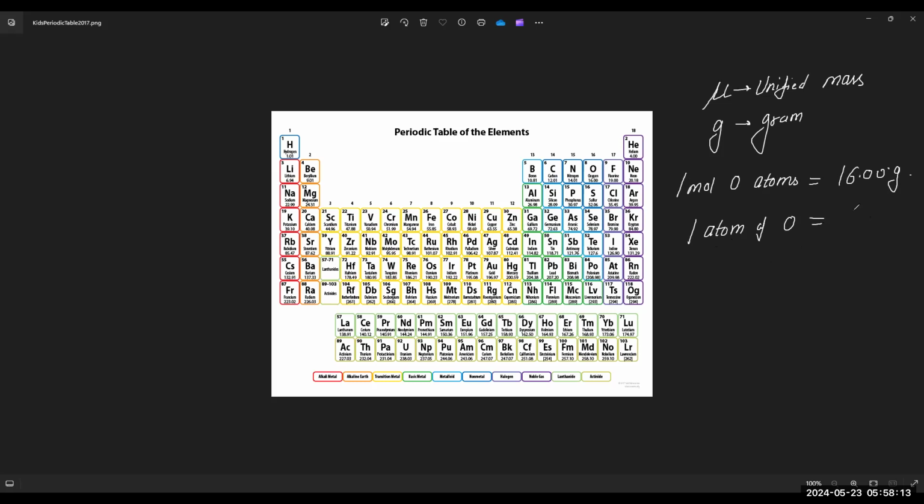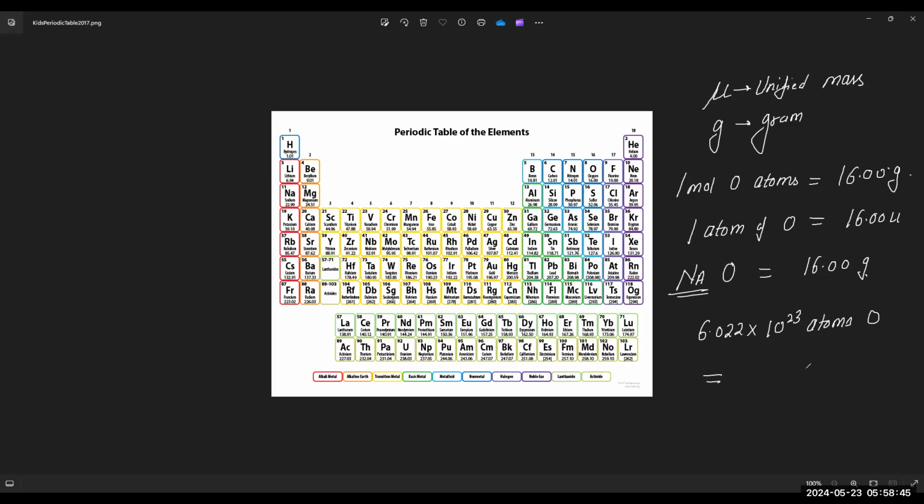One atom. 16.00 U. Now let's relate this gram and U. So can I say Avogadro's number of oxygen atoms is 16.00 gram? Avogadro's number is 6.022 times 10 raised to power 23 atoms of oxygen.